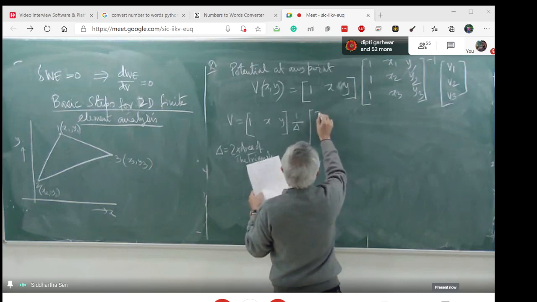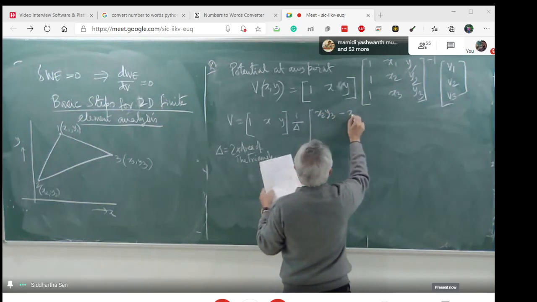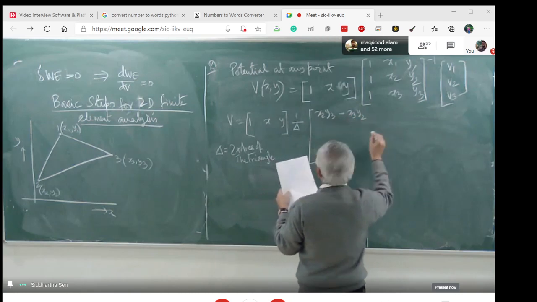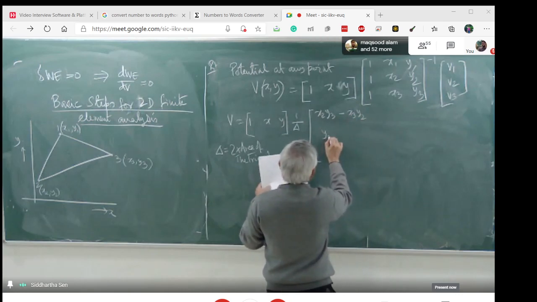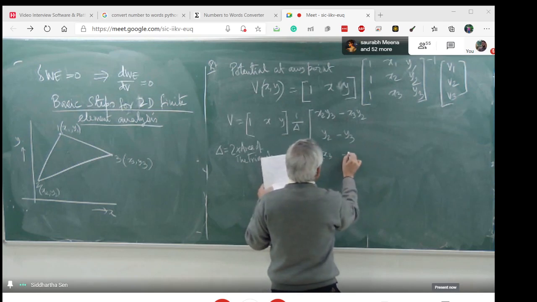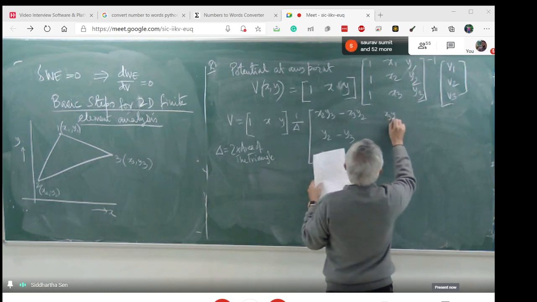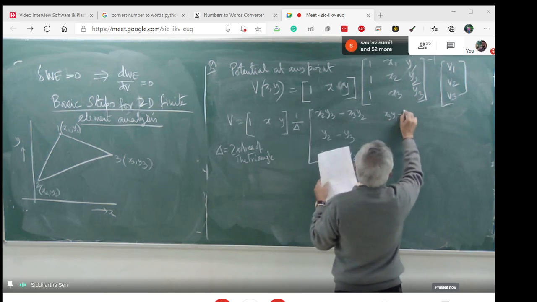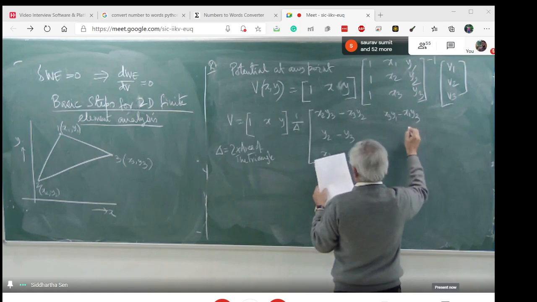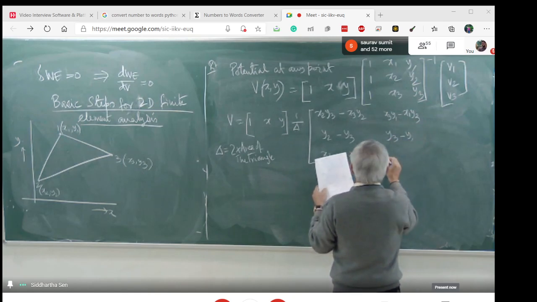I will write it down: x2 y3 minus x3 y2, then y2 minus y3, then x3 minus x2. Then x3 y1 minus x1 y3, then y3 minus y1, and here x1 minus x3.